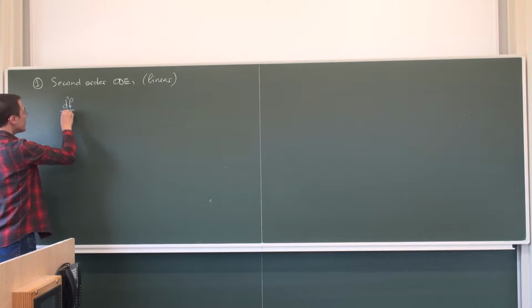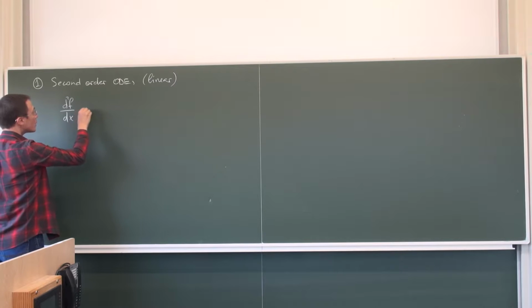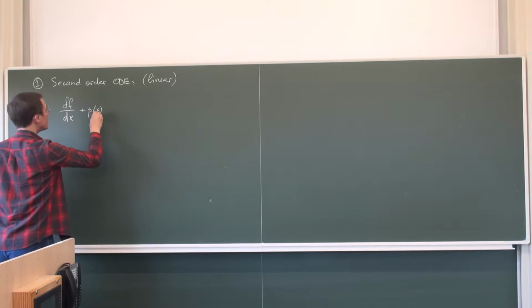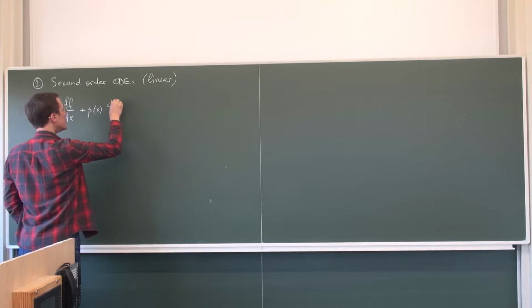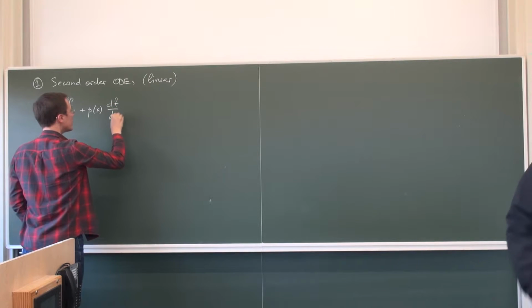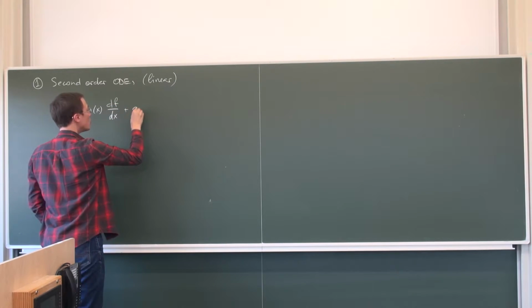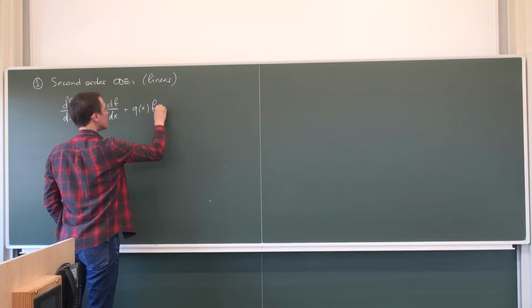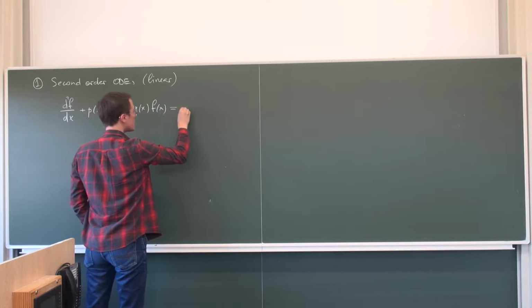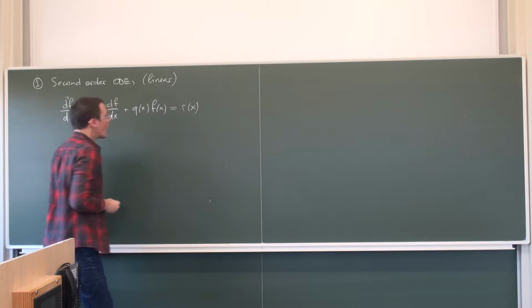d²f by dx² plus some function p of x times df by dx plus some q of x times f of x equals some r of x.